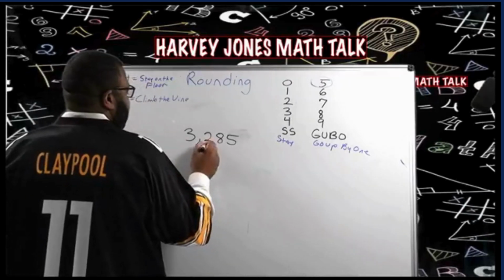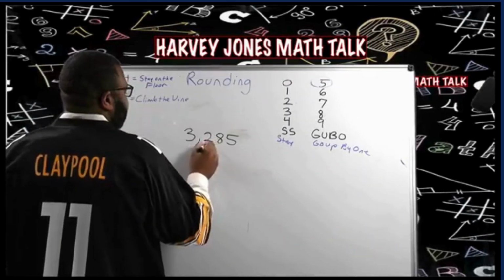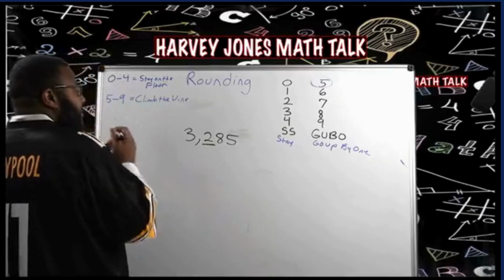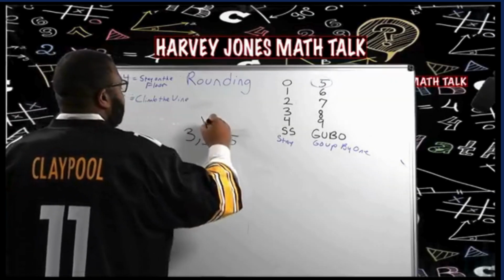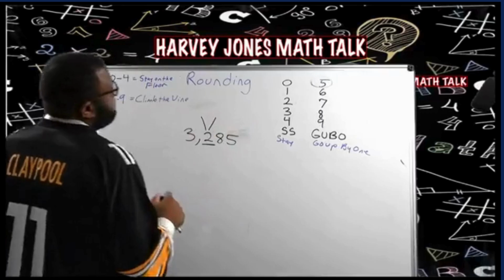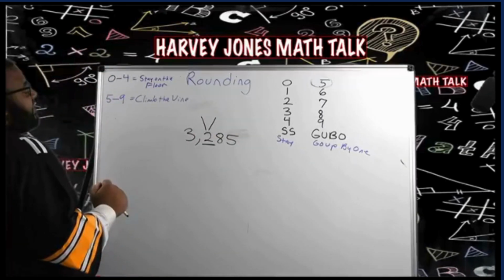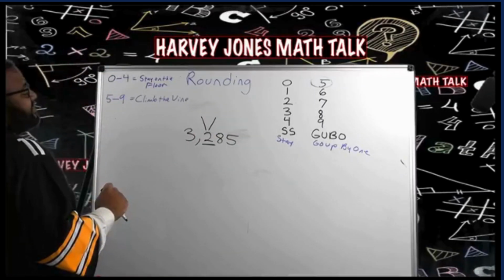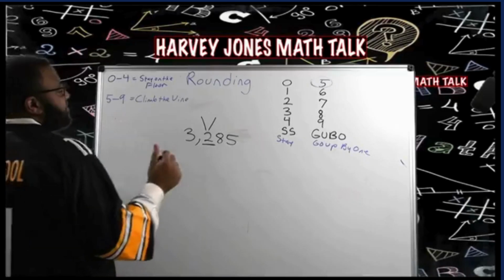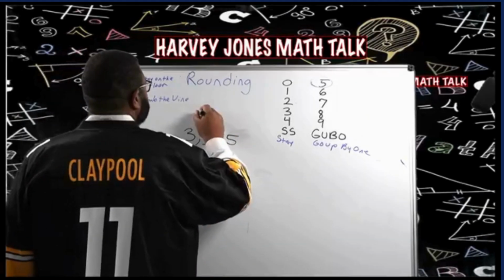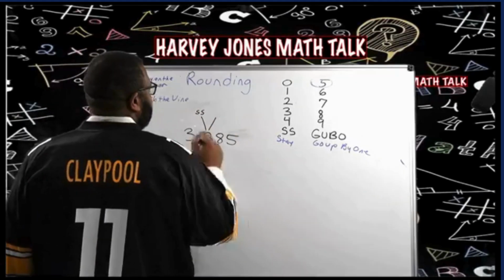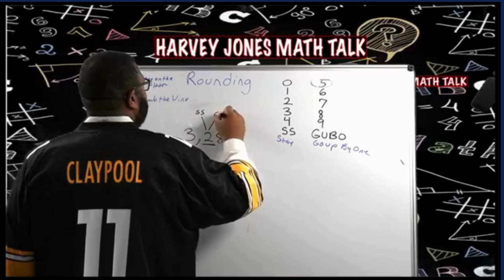So I simply underline my hundreds place, and what I like to do is put 2 little bunny ears. Why 2 bunny ears? Because you're telling me what is going to be between. This first one is going to stay the same. The second one is going to go up by 1.